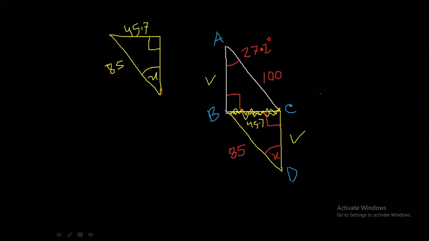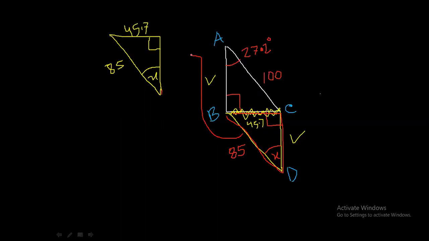Now this is the second triangle. That means this part of this, and this x is the respective angle. So previously I pointed this as B, C, and D. So here x is the respective angle.